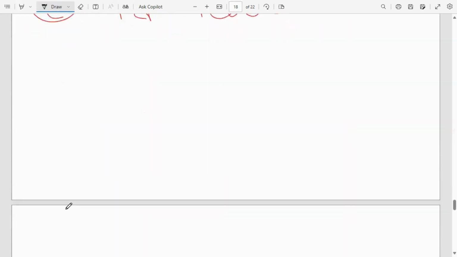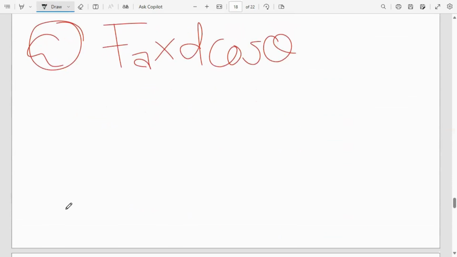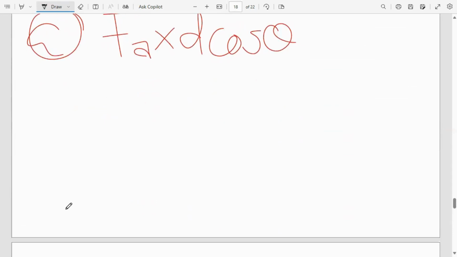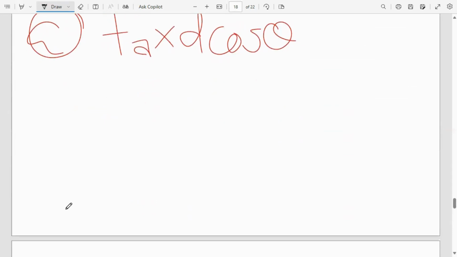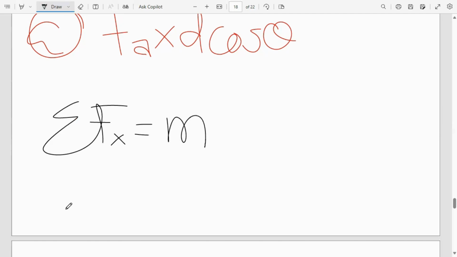So, the work is the applied force multiplied by the distance, cos theta, which is cos 0 here, and it's just 1. So I'm going to say the force applied. Now, how am I going to calculate the applied force on the cart? The summation of forces on the x-axis is equal to mass multiplied by acceleration.